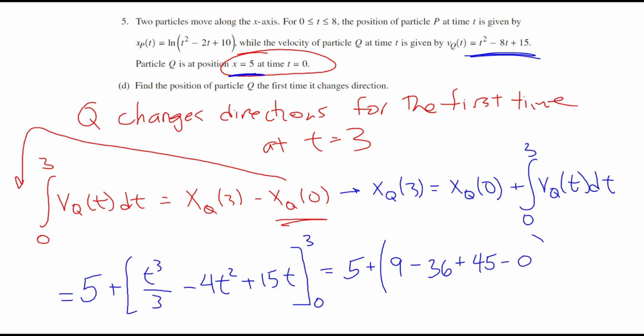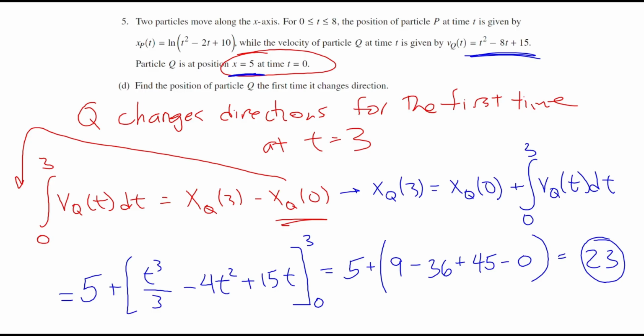So I don't really need anything there. I'll write minus 0, but it's not really necessary. And we just do the arithmetic there. 9 minus 36 plus 45 should come out to be 18. So we got 5 plus 18, which is a position of 23.